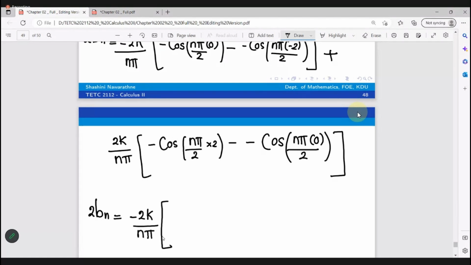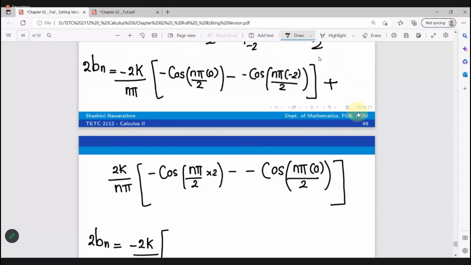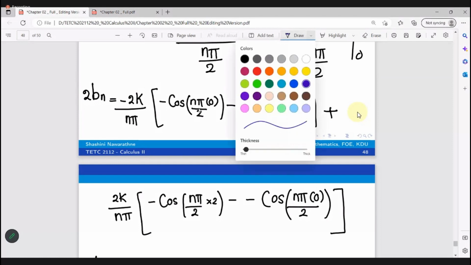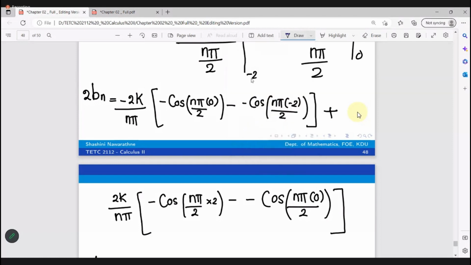So let's simplify the term inside the bracket. So n phi over 2 times 0, what is that? It's 0. So if we simplify this term we will obtain minus cosine 0.